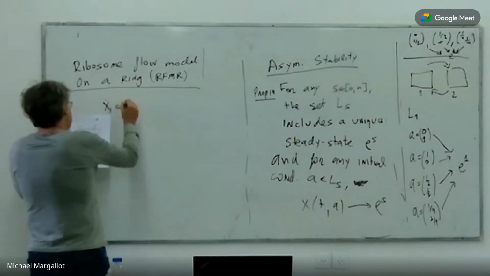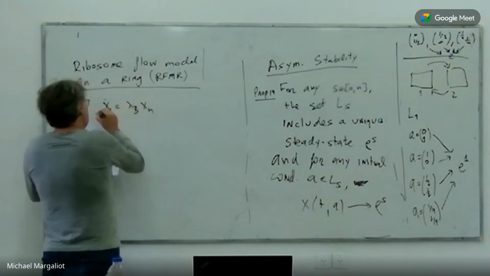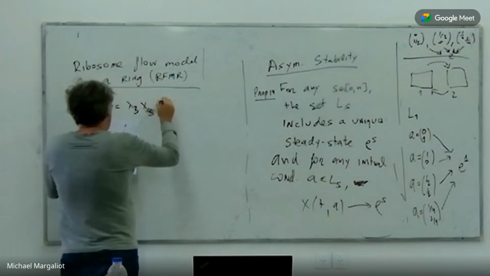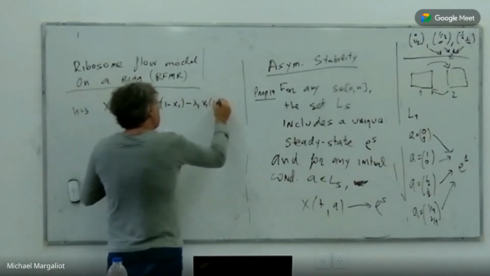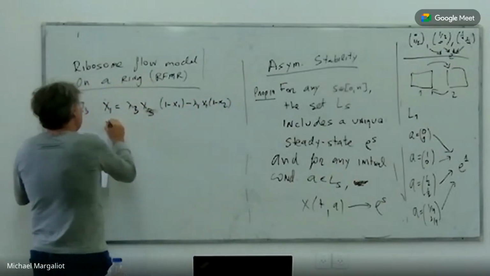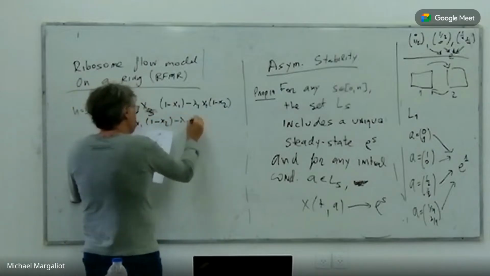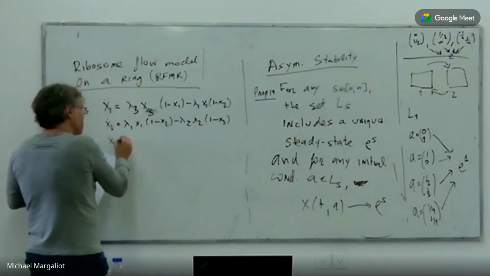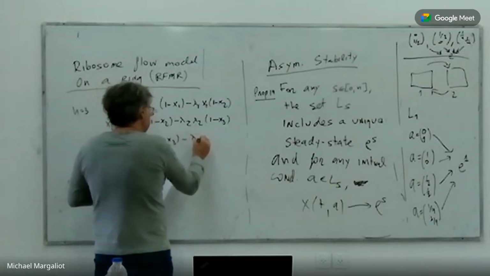For simplicity, let's take an RFM with n equal to 3, just to see on a concrete example what the equilibrium point equations look like. Let's take an example. It's always easier for me to look at a specific example than to consider the n-dimensional general case.